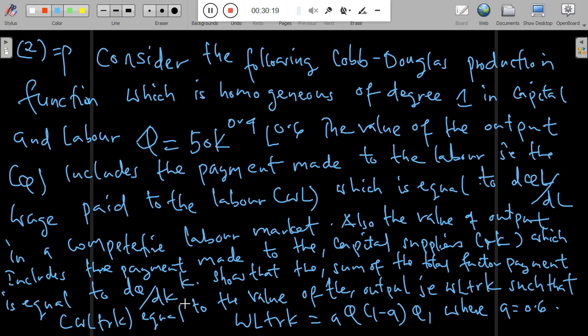So in a competitive market, the value of output includes the payment made to the capital supplies RK, which is equal to DQ over DK times K. Show that the sum of the total factor payments, WL plus RK, is equal to the value of the output, where WL plus RK is equal to AQ plus 1 minus A times Q, where A is equal to 0.6.